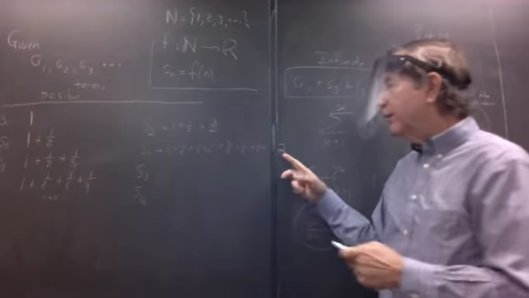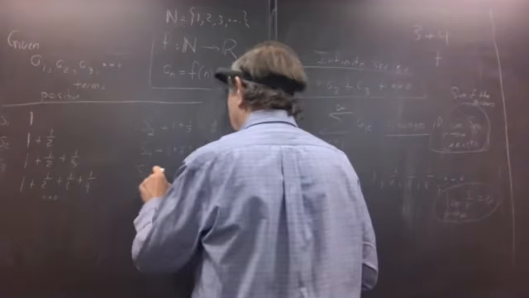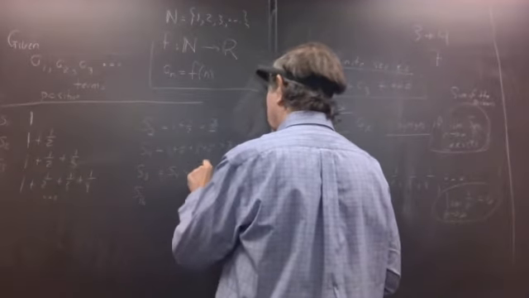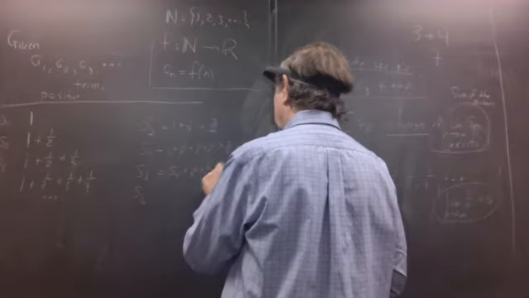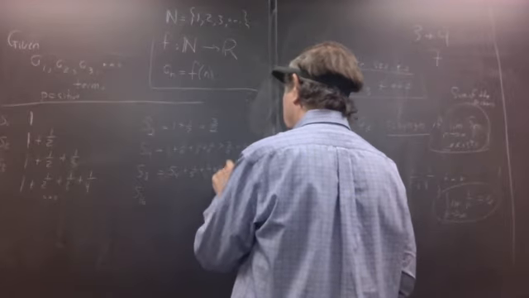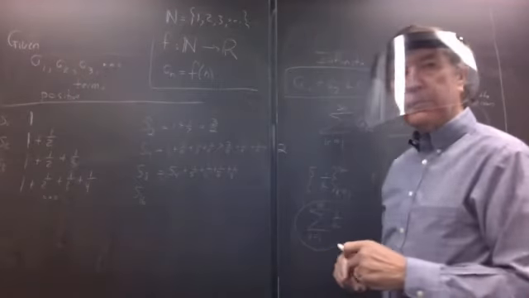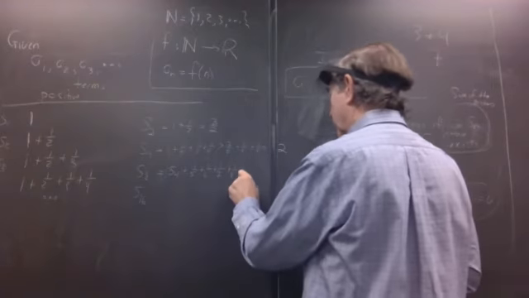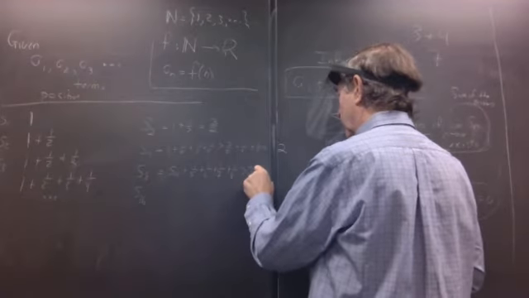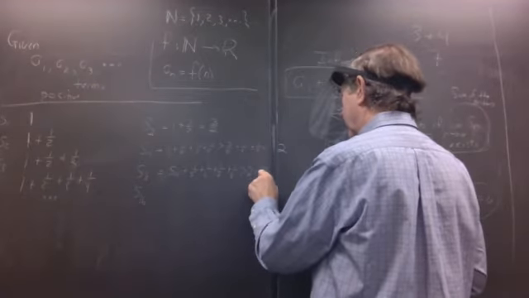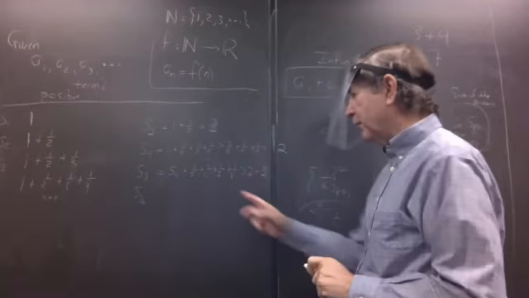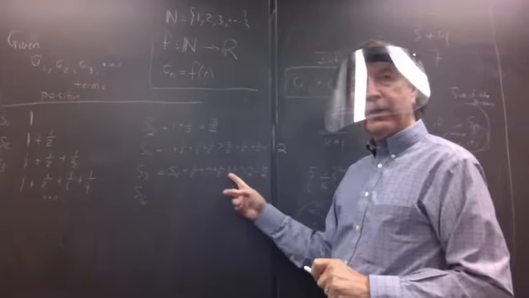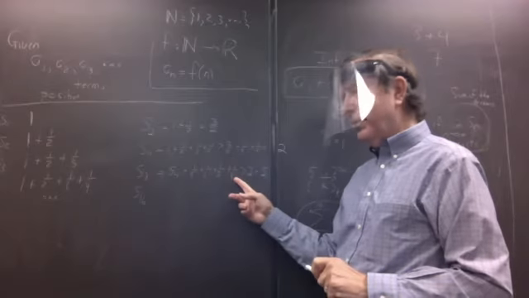Okay, what's S8? S8 is S4 plus 1/5 plus 1/6 plus 1/7 plus 1/8. Right? And that is greater than 2 plus 1/2, because 1/5 is bigger than 1/8, 1/6 is bigger than 1/8, 1/7 is bigger than 1/8.